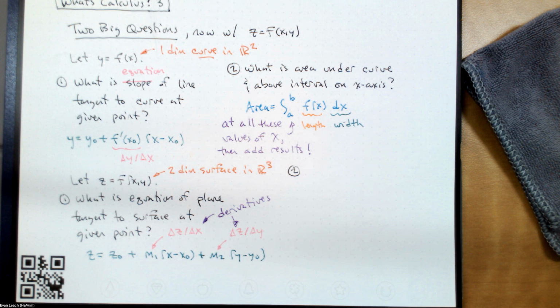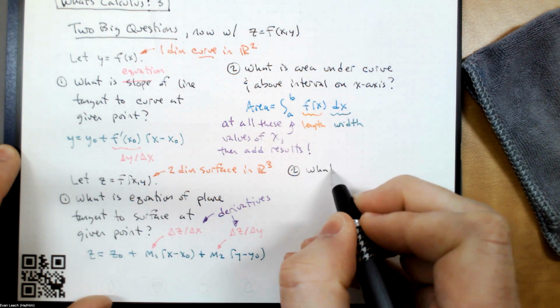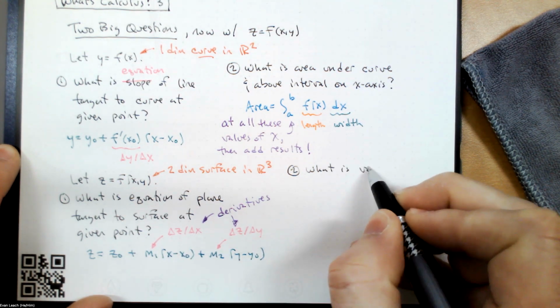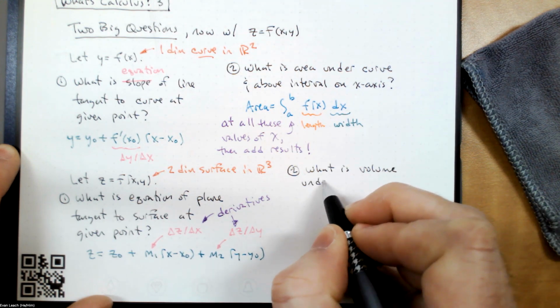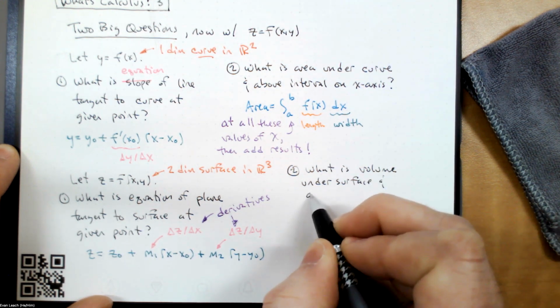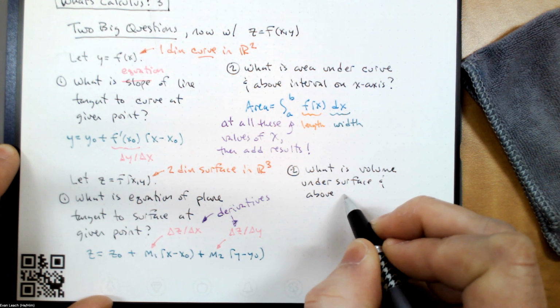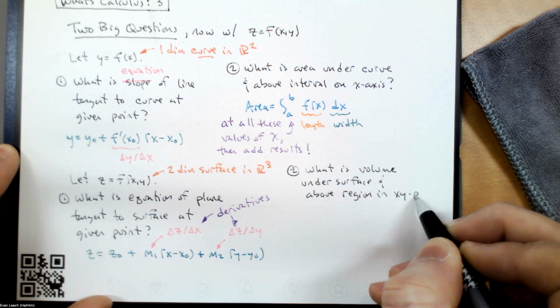That makes sense. If I draw a volume over here, if I make an umbrella, there's a certain amount of volume underneath it. The umbrella itself has an area, but underneath it is a volume. So here the question becomes, what is the volume under the surface and above a region in the XY plane?